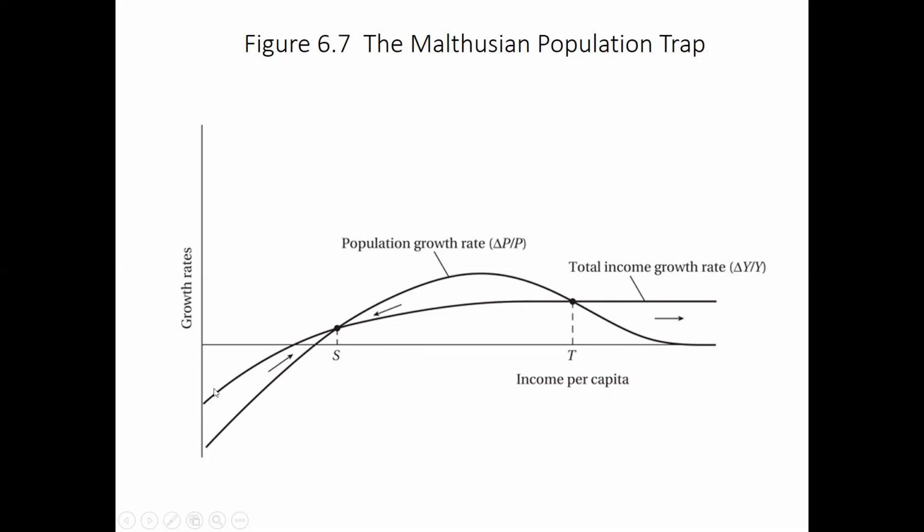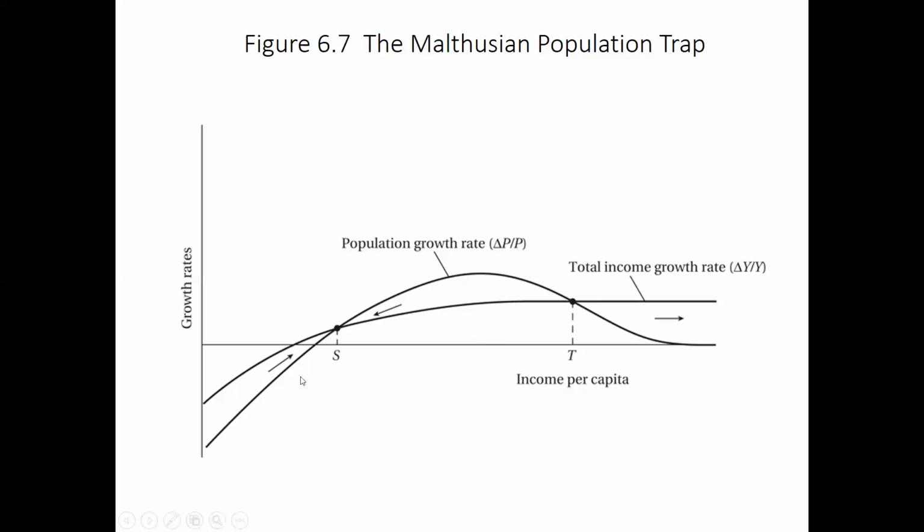There's a high marginal productivity of capital, and so you can grow income at increasing rates until you get to the point where, at a high level of income per capita, income growth is constant. The equilibrium is where these two curves intersect, with income per capita being constant. The growth rate of income per capita is the difference between these two. Remember, income per capita is income divided by population, and so the growth rate of income per capita is the growth rate of income minus the growth rate of population.